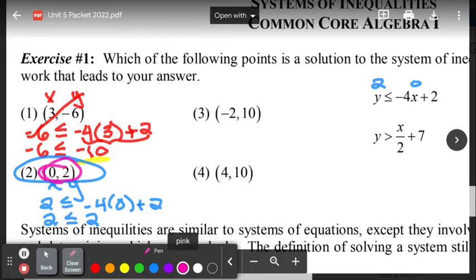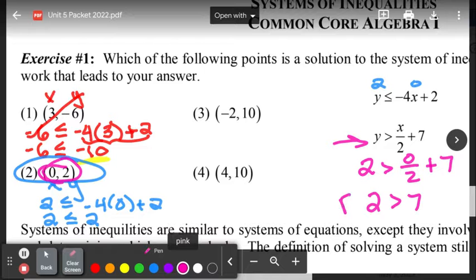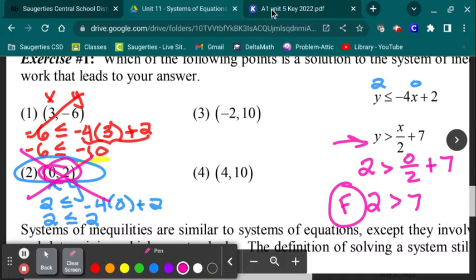So I have to take this point and plug it in here now. So 2 greater than or equal to 0 over 2. So when you evaluate that, you get this. That's false. So this one cannot be our answer. Oh my goodness gracious.